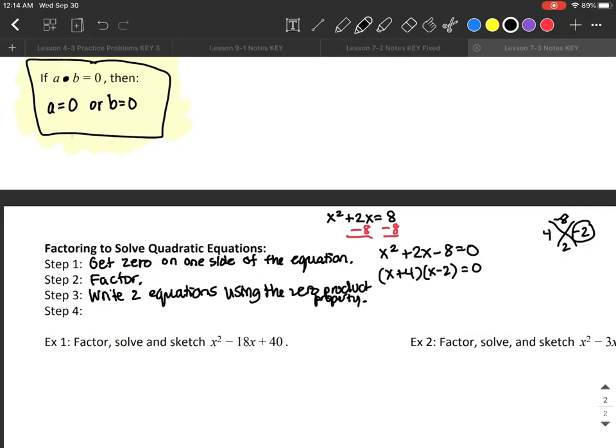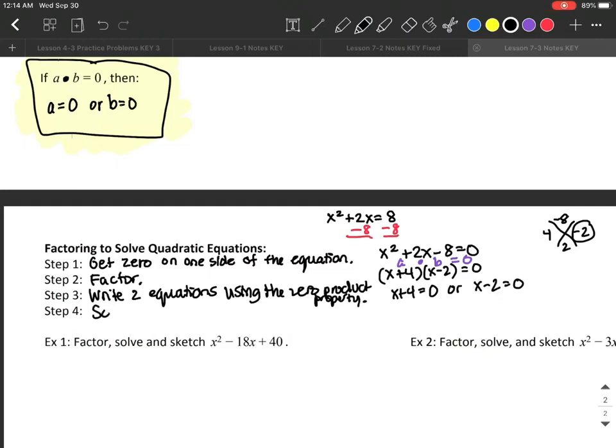I know that if this is A and this is B, I'm multiplying to get 0, then either A or B has to be equal to 0. So either x plus 4 has to be equal to 0 or x minus 2 is equal to 0. Wrote two equations, done with my third step.